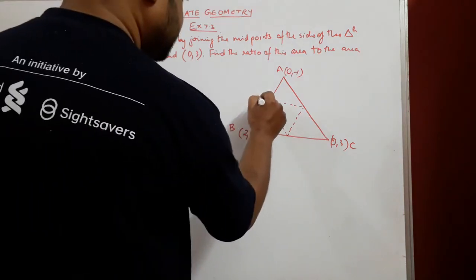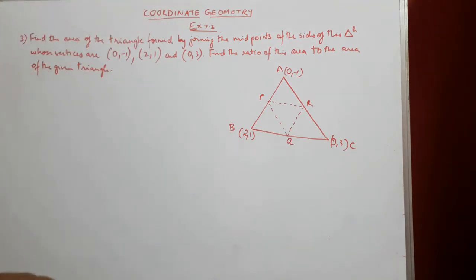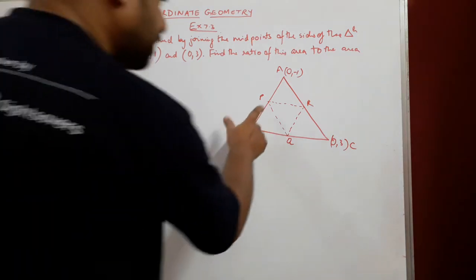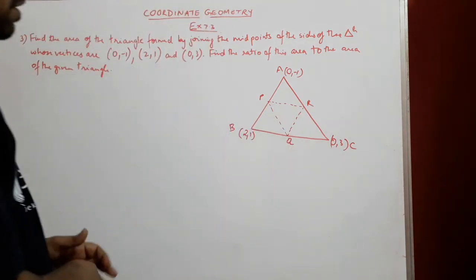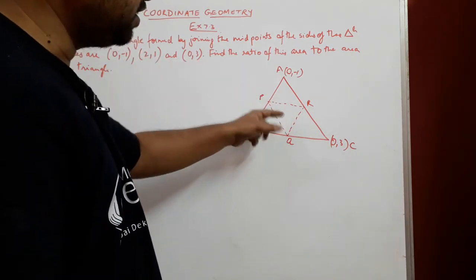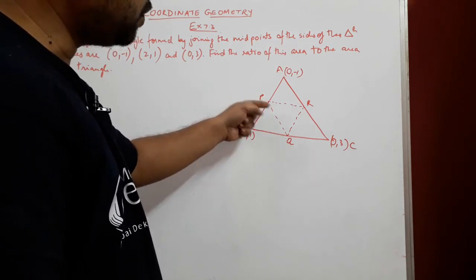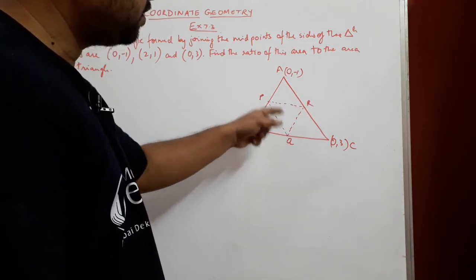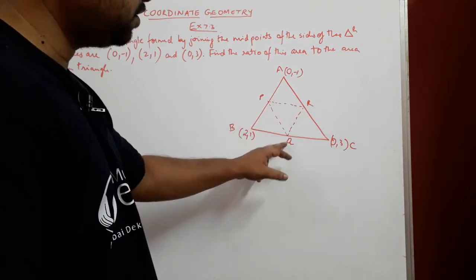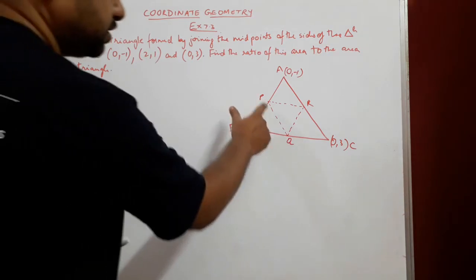So let us give this as P and let this be Q and let this be R. And now what we'll try to do is find out the coordinates of these points, because in coordinate geometry we can only find the area of a triangle if we know the coordinates of the vertices, and we do not know the coordinates of these vertices. So how do we find the coordinates of these vertices?